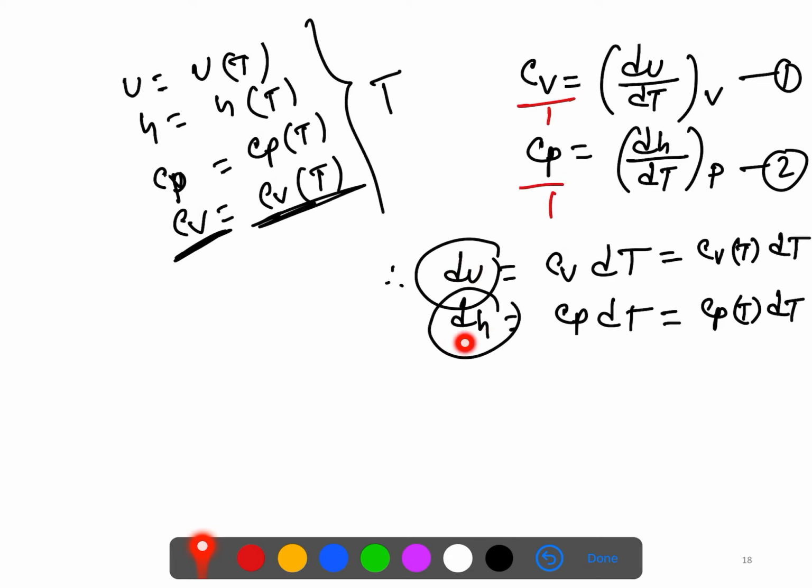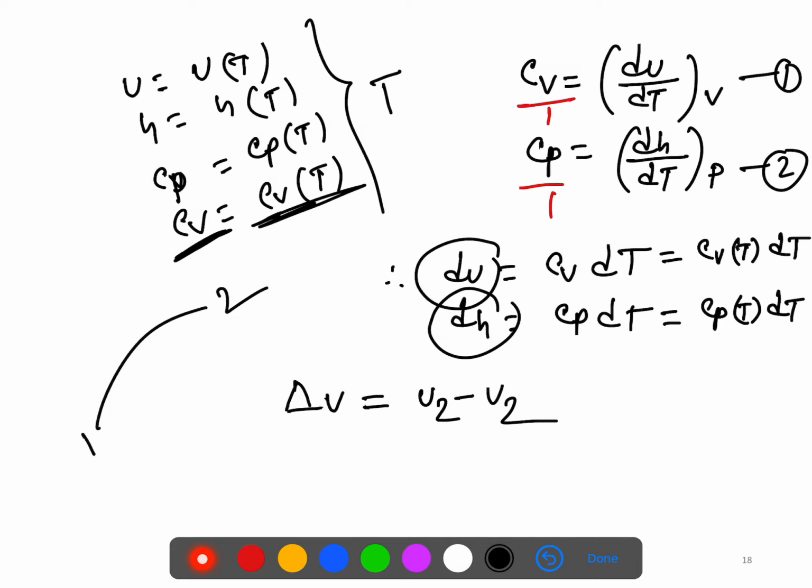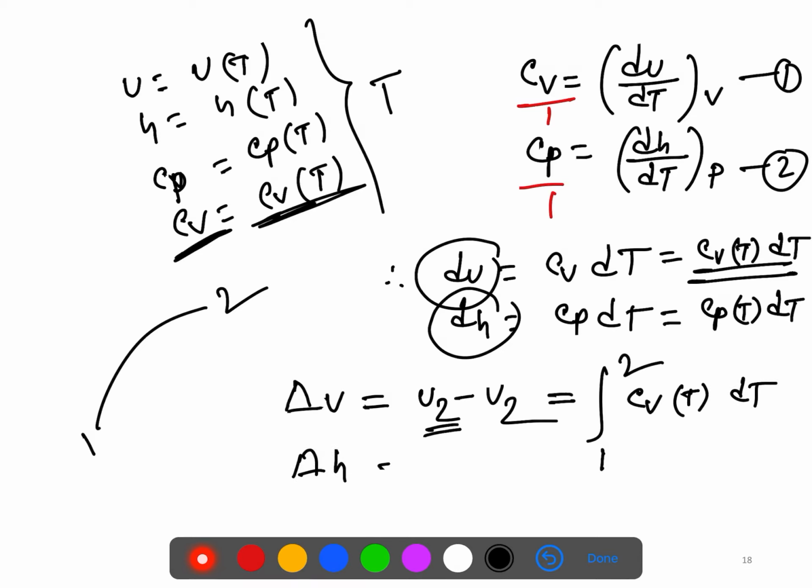So for the internal energy, we can write the change delta U for the process from 1 to 2, that means the difference U2 minus U1, equal to the integral from 1 to 2 of Cv(T) dT. And similarly for delta H, it is H2 minus H1, equal to the integral from 1 to 2 of Cp(T) dT.